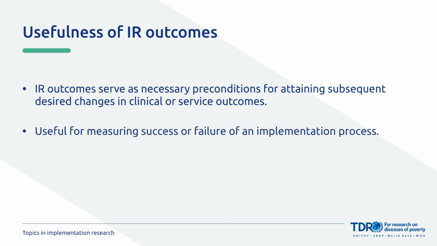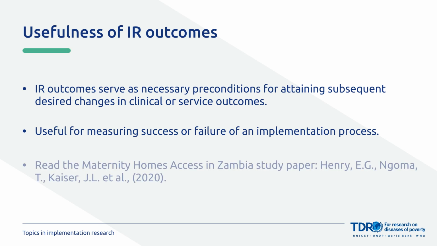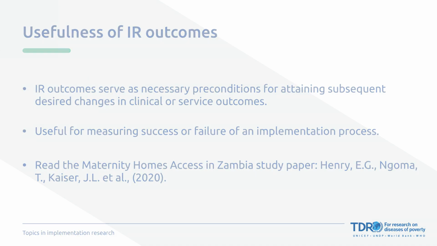This helped them to understand not only the effectiveness of the intervention but also the effectiveness of their implementation. In a study by Henry, Ngoma, Kaiser et al., they looked at how well MAMAS was put into practice. They didn't just check if it was done correctly, they also found out what factors influenced its success and its ability to keep going in the long term.